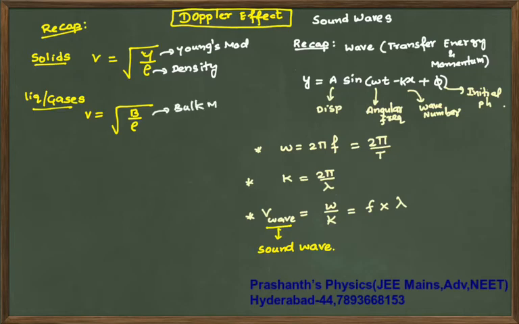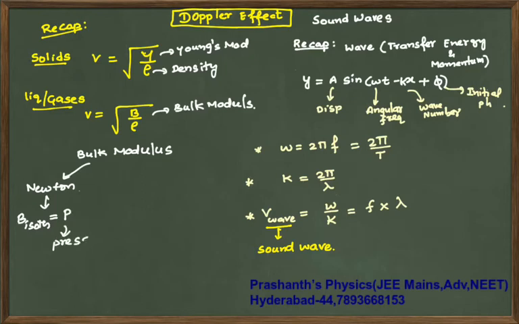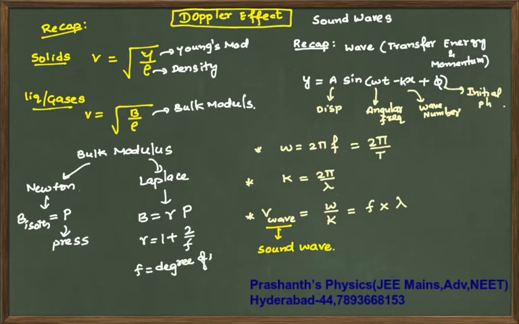Your bulk modulus, according to Newton and Laplace: first Newton thought isothermal bulk modulus is equal to pressure. P represents pressure. Later Laplace corrected it and gave B is equal to gamma into P. Gamma is 1 plus 2 by F, where F represents degrees of freedom. Your air is diatomic.